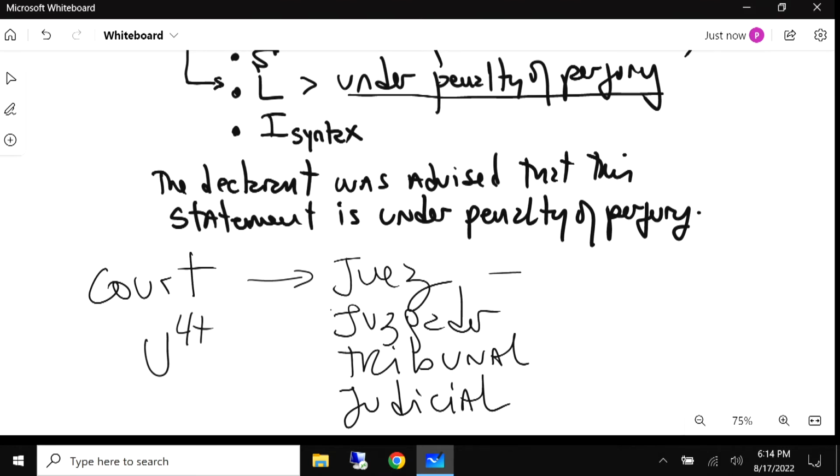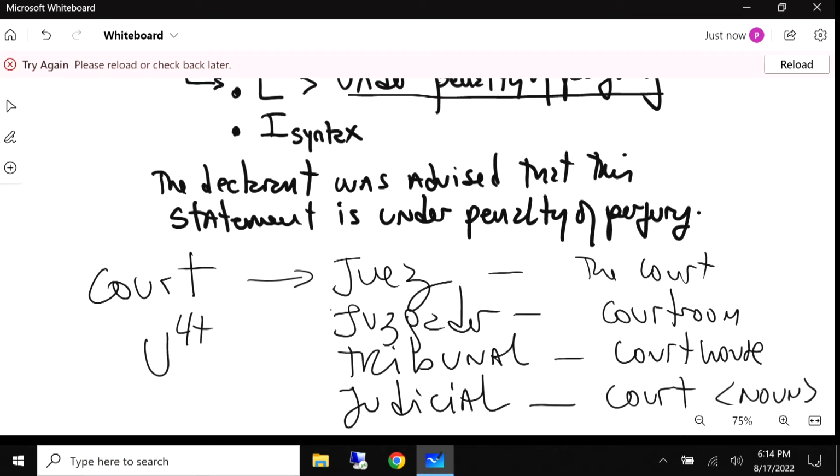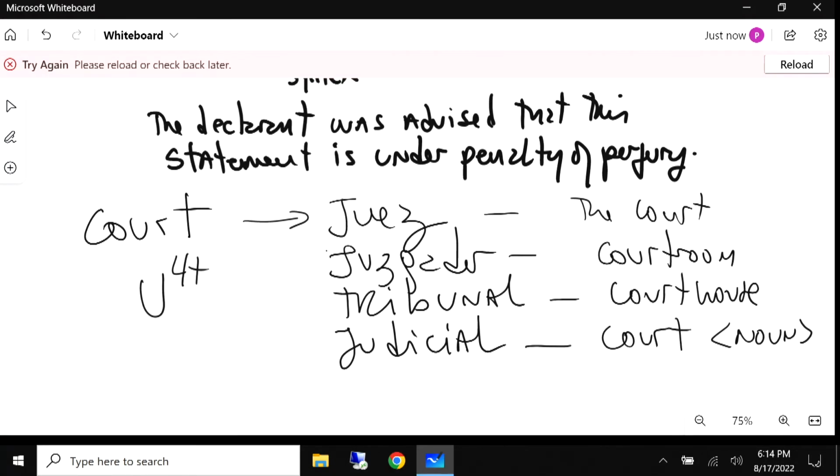And you will say el juez if it says the court. You will say el juzgado when it refers to a courtroom. You will say tribunal when it refers to a courthouse. And you will say judicial when it has court and then a noun, such as court order or anything of that nature.